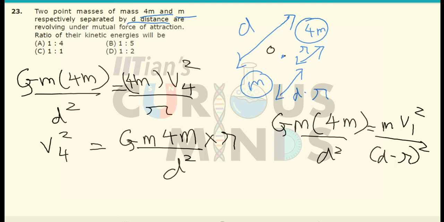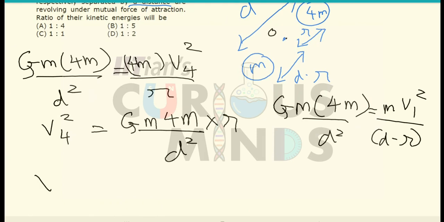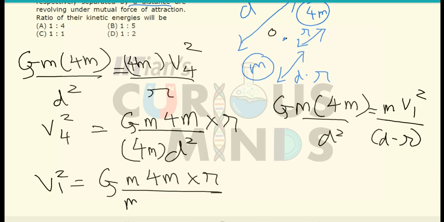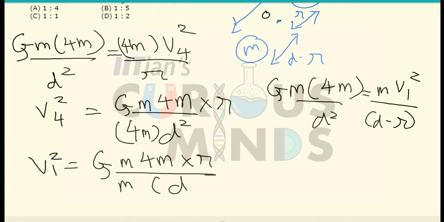So v1 square will come out to be G m 4m divided by m, into d minus r, divided by d square; m and m will get cancelled out over here.